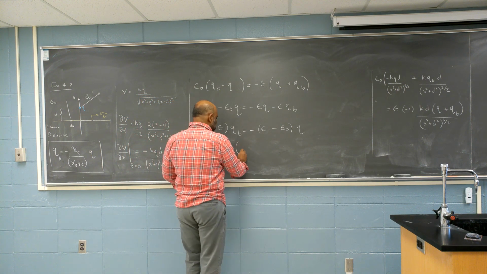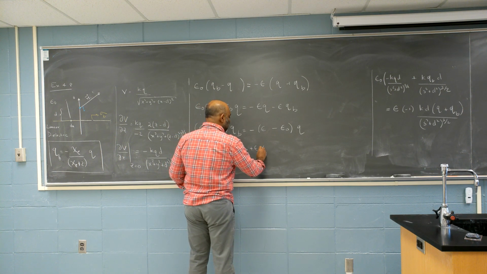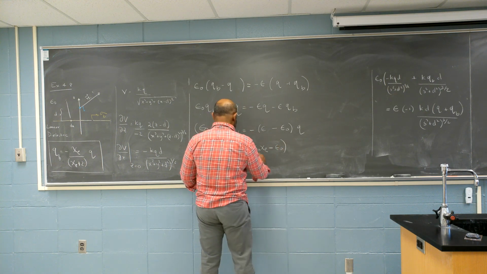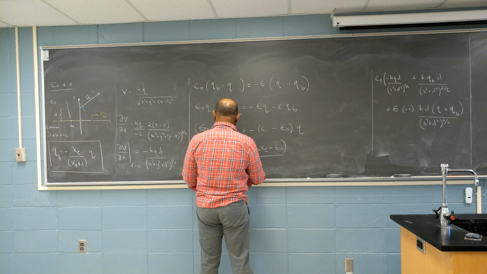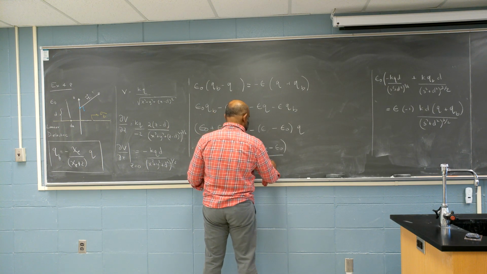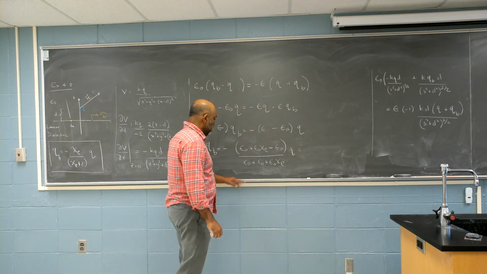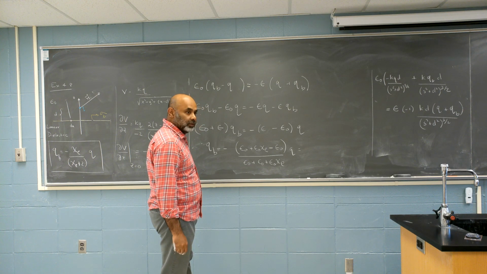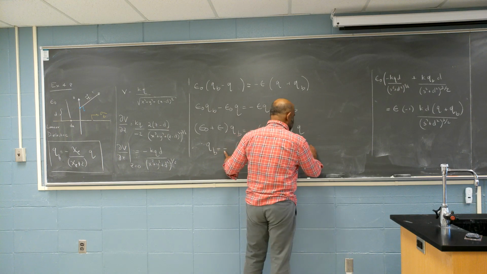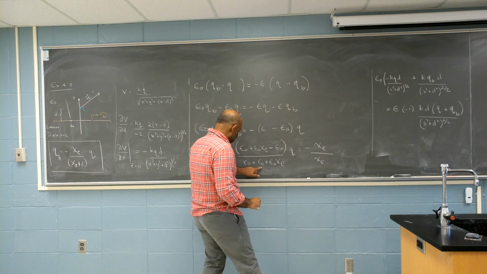I'm going to do epsilon naught plus epsilon naught chi e minus epsilon naught, divided by epsilon naught plus epsilon naught plus epsilon. All the epsilon naughts will cancel. And indeed, I have minus chi e over chi e plus 2.